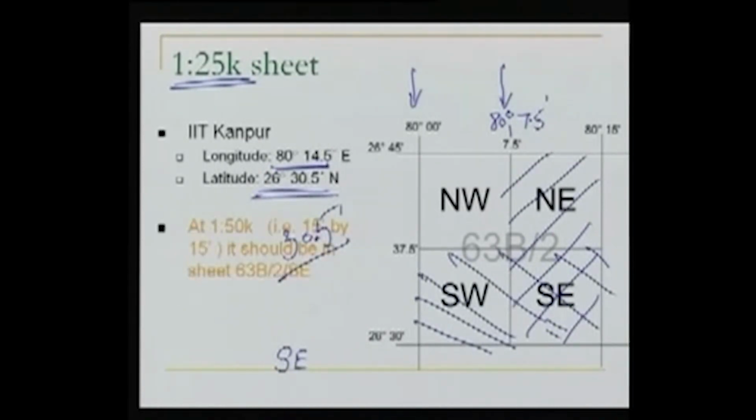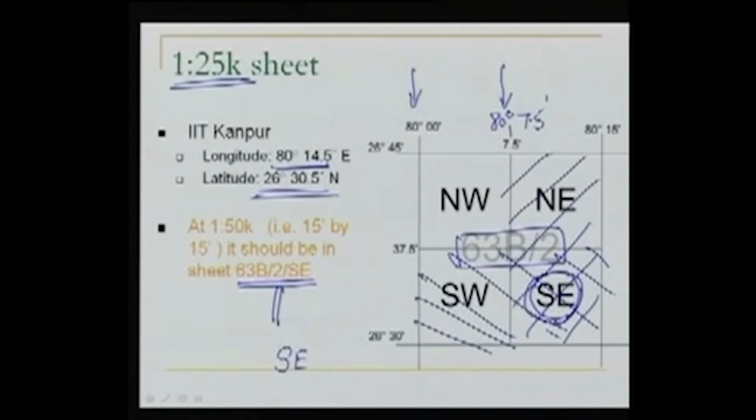Well, we can give our area of interest the number now. So the number will be 63B/2/SE. So far we are in 63B/2. That was the sheet which was divided into 4 further parts. And finally, we find that we are in this SE block. Our area of interest is there.